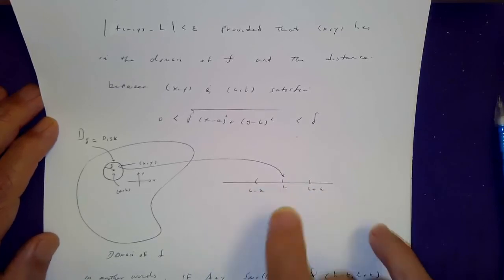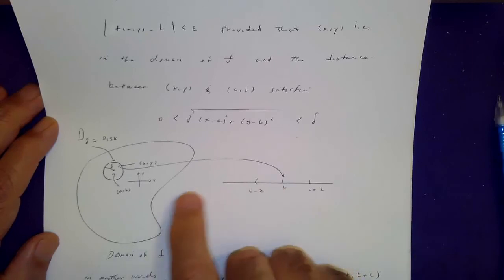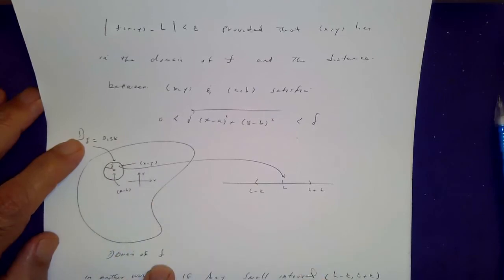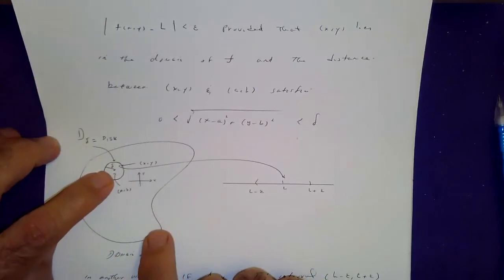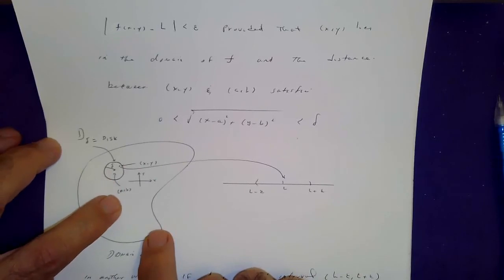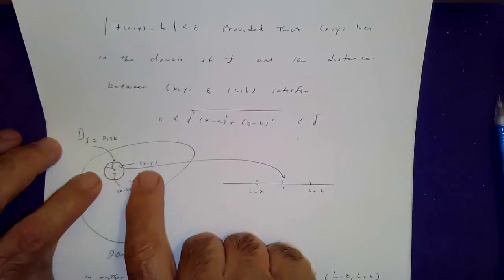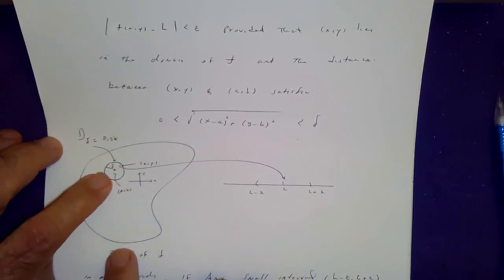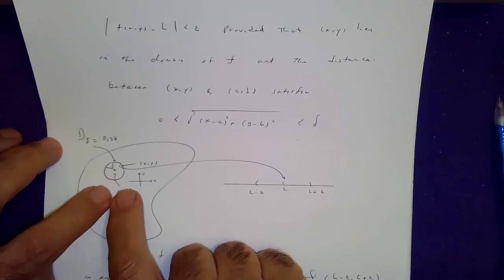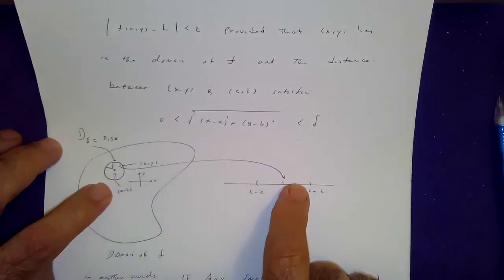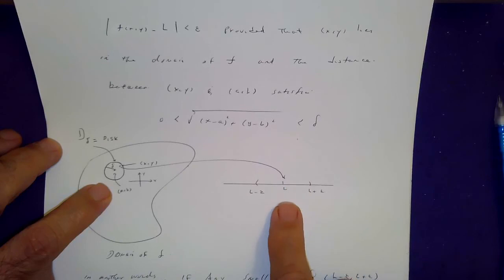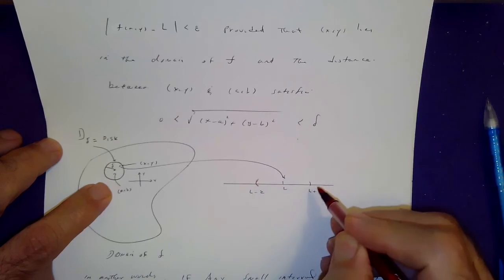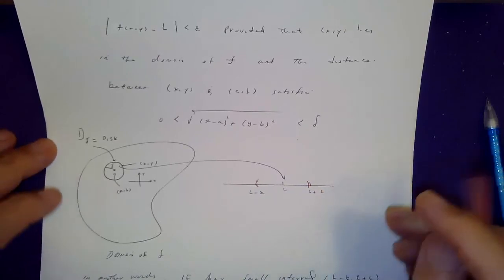Now my job is to find the disk in the domain of the function whose radius is delta and the center is (a, b). So any point I select inside a disk with radius delta, center at (a, b), will map the function into this interval between L minus epsilon and L plus epsilon.